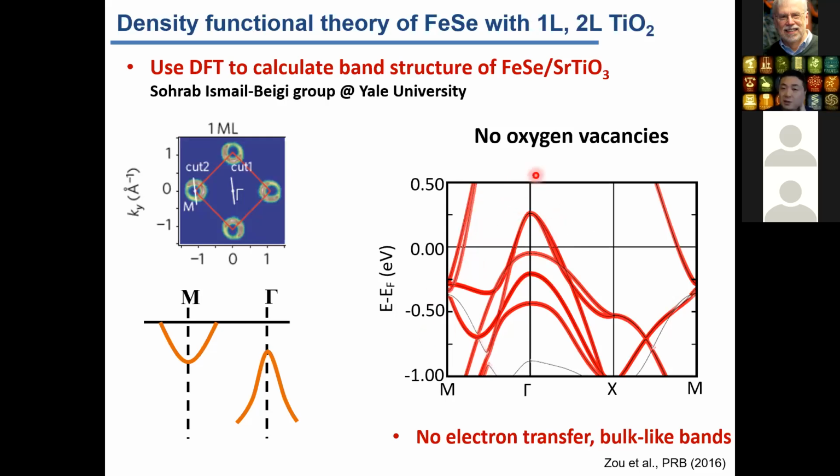First, we assume there's no oxygen vacancy. These are the monolayer iron cyanide calculations, and you can still see quite an obvious hole band at the Gamma points. So this doesn't work.